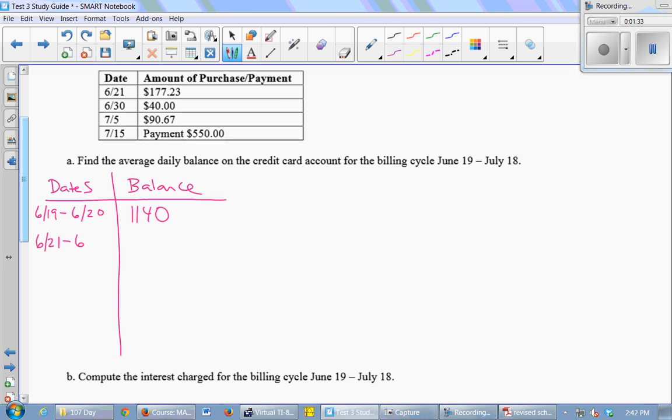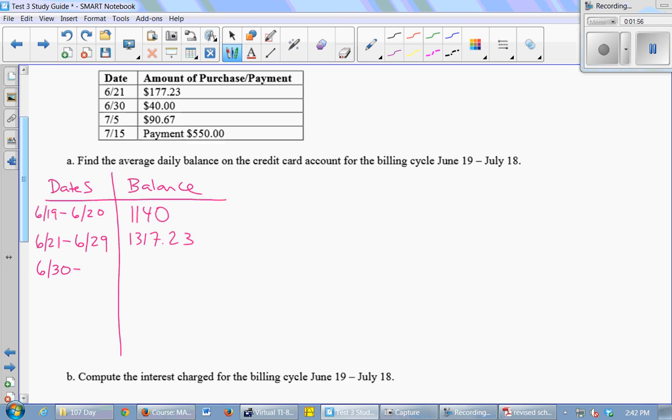So the 29th was the last day that she had this balance, which was $1,140 plus $177.23, which comes out to $1,317.23.